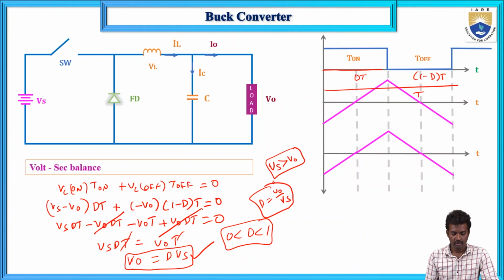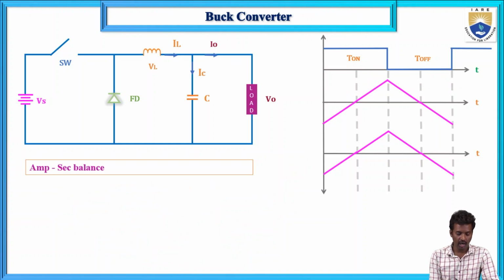Now here ampere second balance. Ampere second balance means IC on into T on plus IC off into T off equals 0.